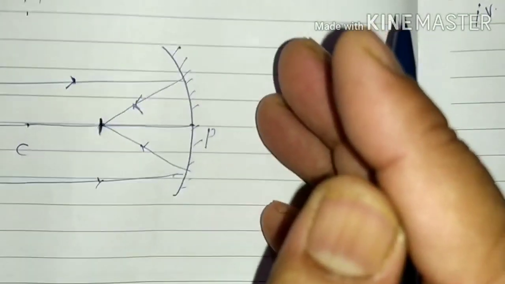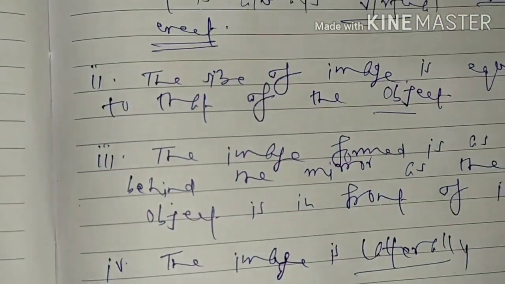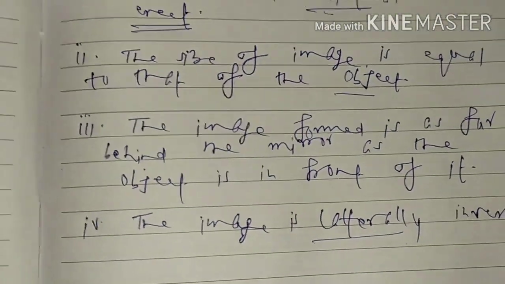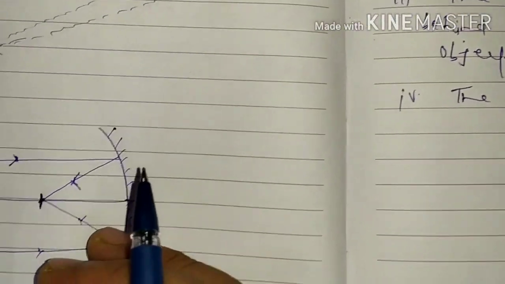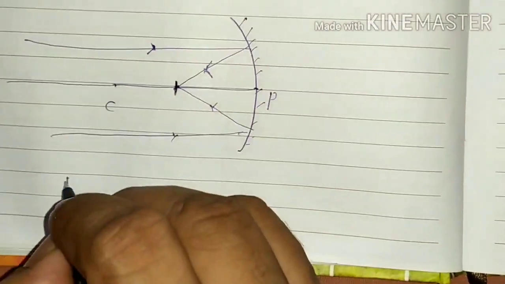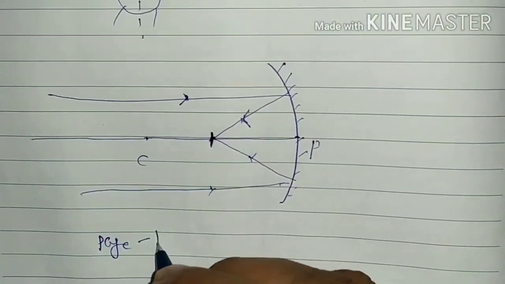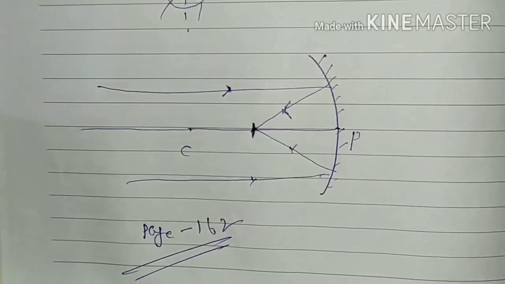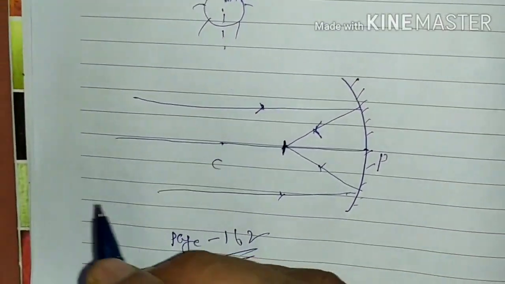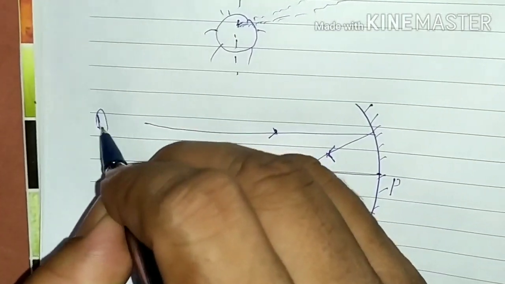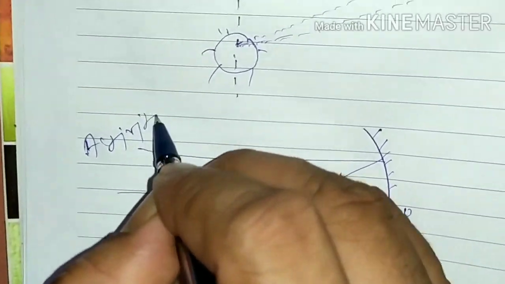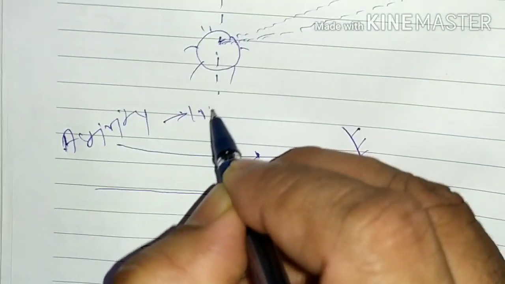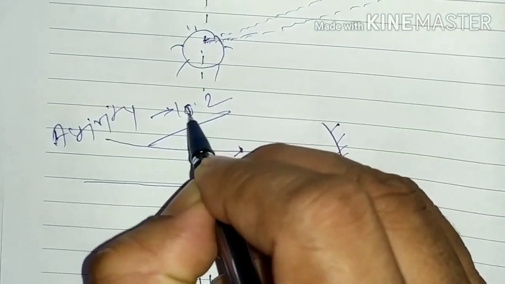In your NCERT book, the activity 10.2, you will see on page 162. Page 162 of your NCERT book, in activity 10.2, it is clearly explained.